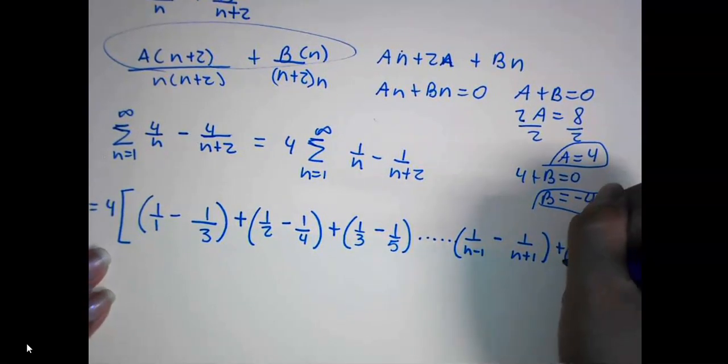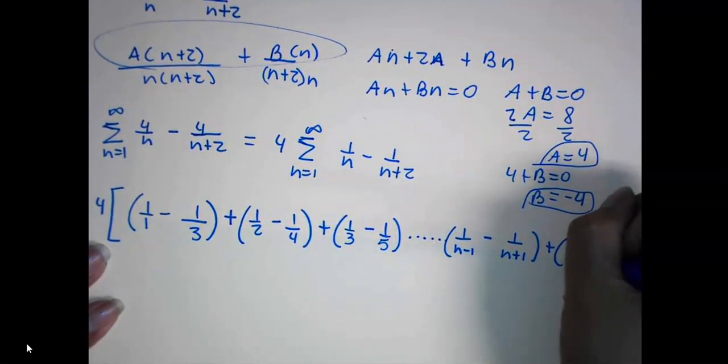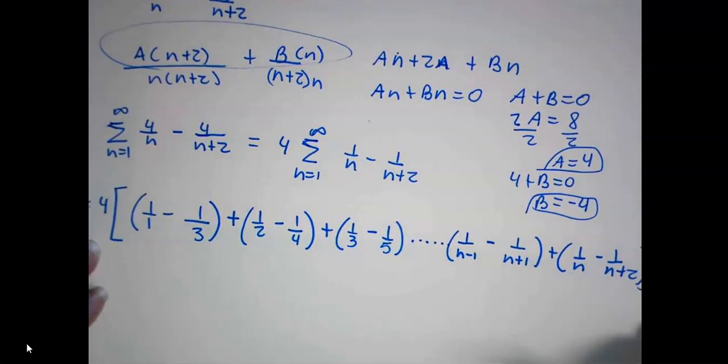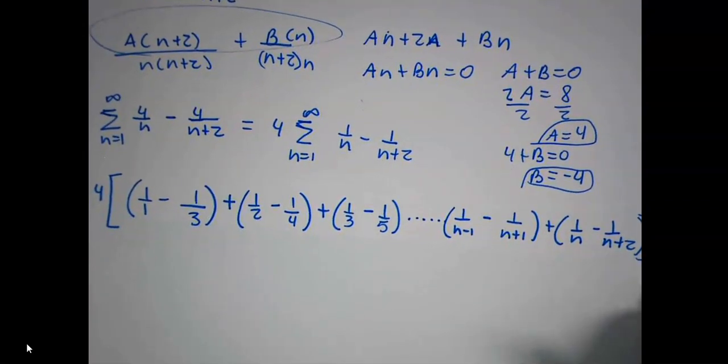Plus, now I'm going to plug in an n, so this is going to be 1 over n minus 1 over n plus 2. That's all of it, if I continue all the way to n, and remember, n is going to be infinity.